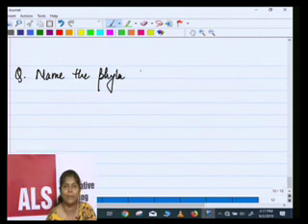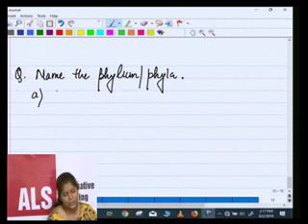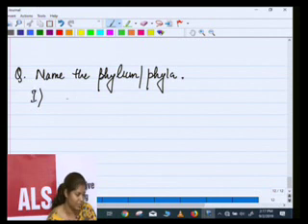Name the phyla. I will be giving you the properties and you have to name the phylum based on that. It can be one phylum or it can be more than one phylum. Okay, let's see. Properties. We'll write 1, 2, 3 and we'll have ABC options.